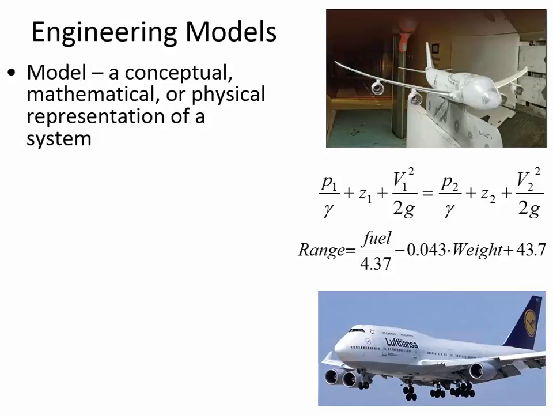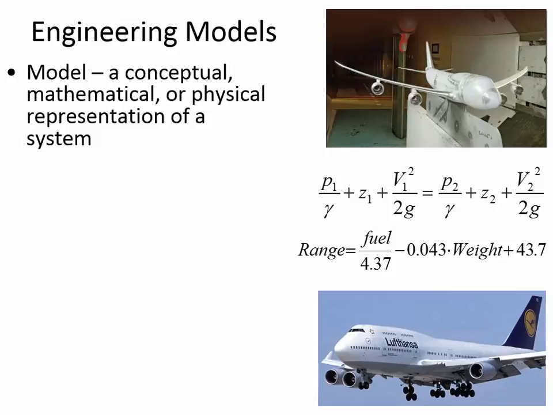Now contrast that to this kind of model, which from the looks of it, has to do with the available range of an aircraft, and it looks like it's a function of how much fuel they've got on the aircraft, the weight of the aircraft, and some constant. So this is an empirical equation.